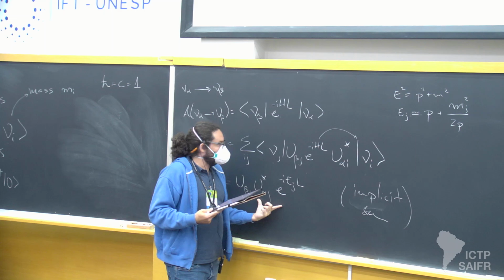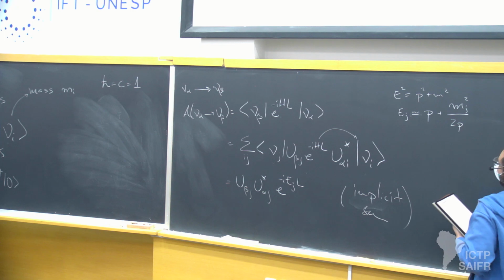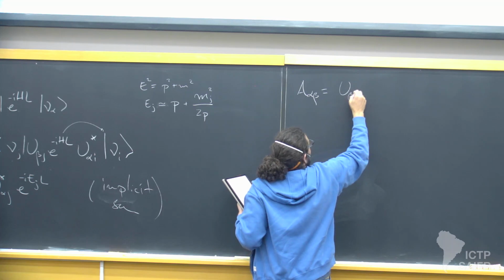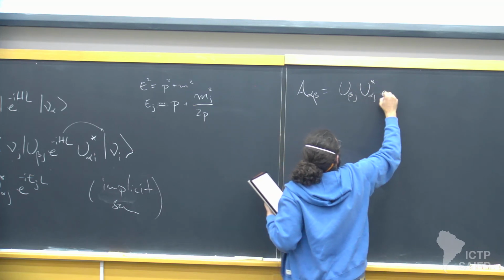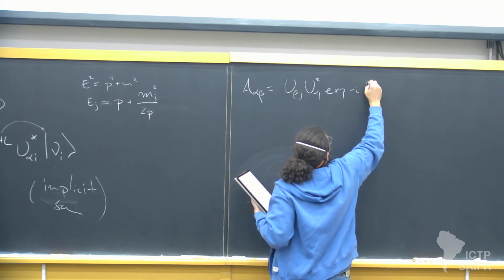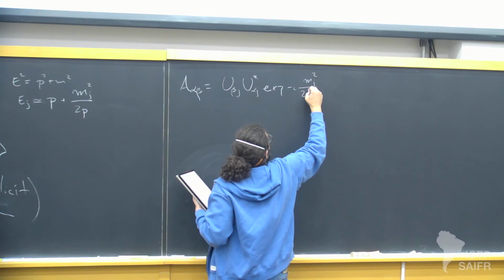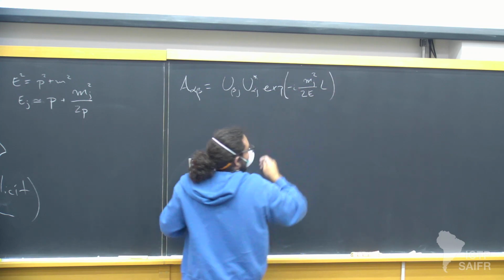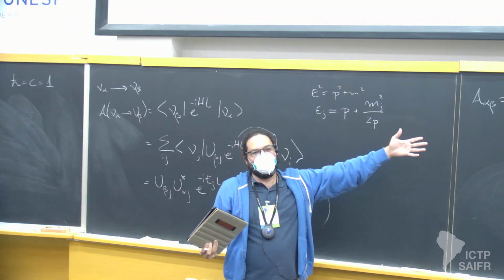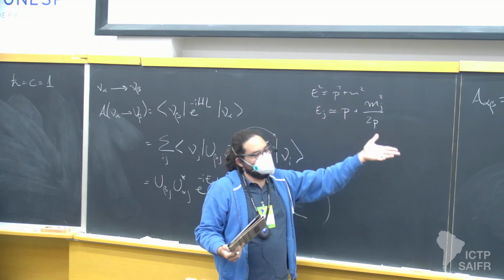So when I put it back here, I have an amplitude of neutrino alpha going to neutrino beta that goes like, there's a phase which I'm not going to write, U beta j, U alpha j star, exponential of minus i m_j squared over 2E L. And I just did something there: I said that P is equal to E. If I expand this one more step with another expression for E, this is going to be fine.